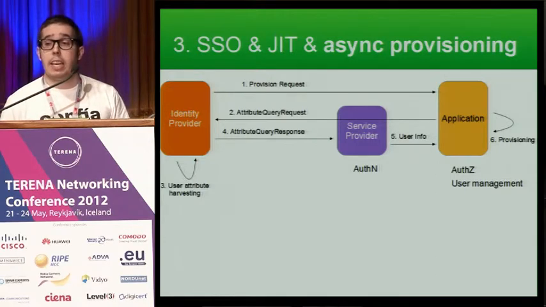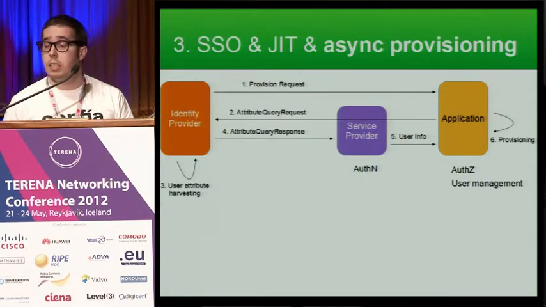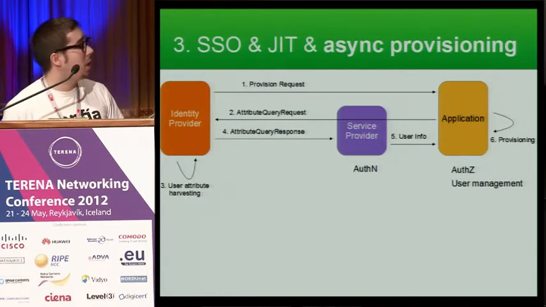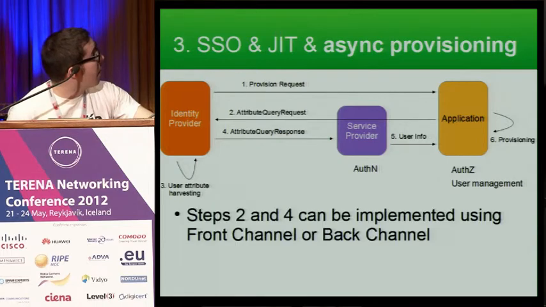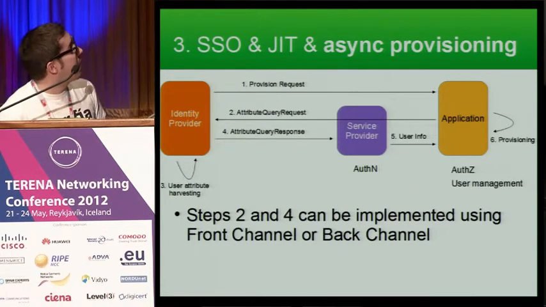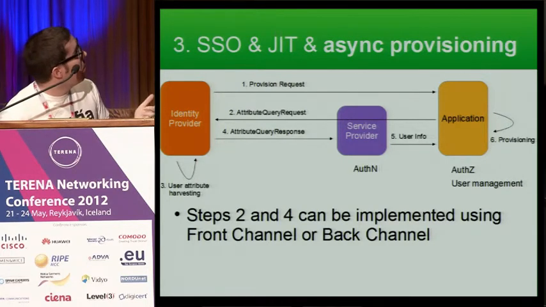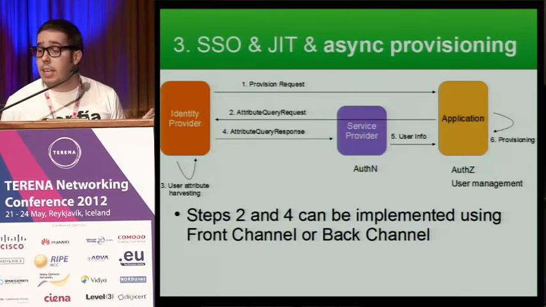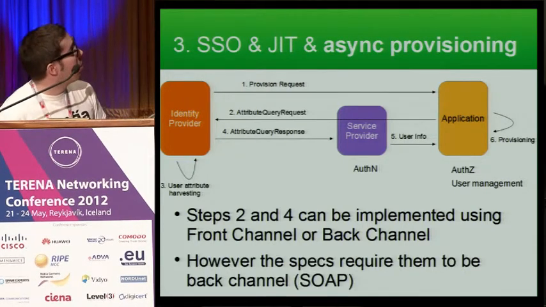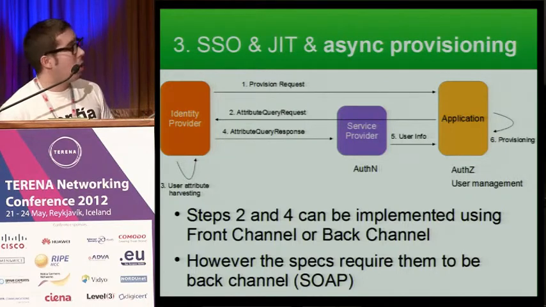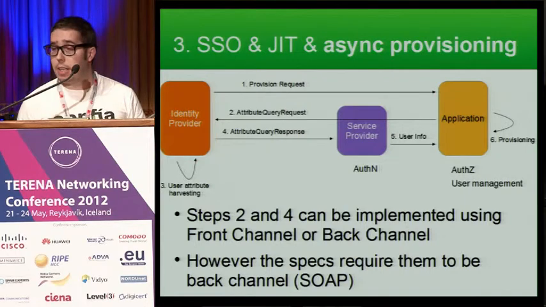And all this is without user intervention. It can be an administrator starting the request from the IDP. In this case, steps 2 and 4 can be implemented using front channel or back channel. But the specification of the attribute query request says that you should use back channel, in this case, SOAP communication.